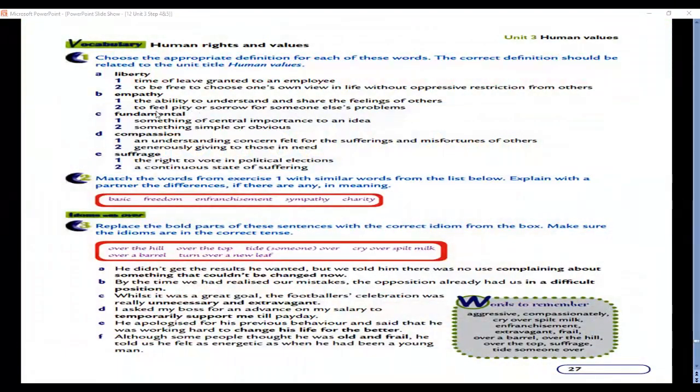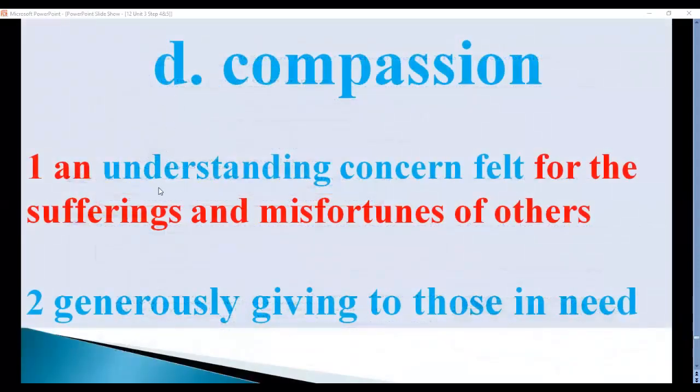Next here, dear students, I'd like you to have a look at this exercise. Liberty, empathy, fundamental, compassion, suffrage. Have a look at these words, please, and try to choose one of these two definitions. Compassion: understanding and concern felt for the sufferings and misfortunes of others, or generously giving to those who need.